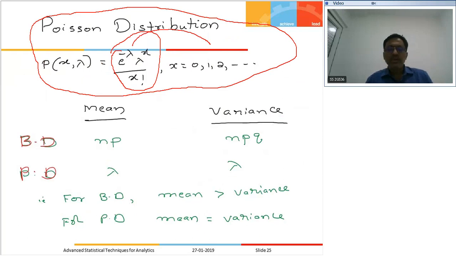I have been repeatedly saying it is very important to identify what the parameters are when we go for implementation. In case of binomial, n, x, p are the parameters. In case of Poisson distribution, lambda is the parameter.